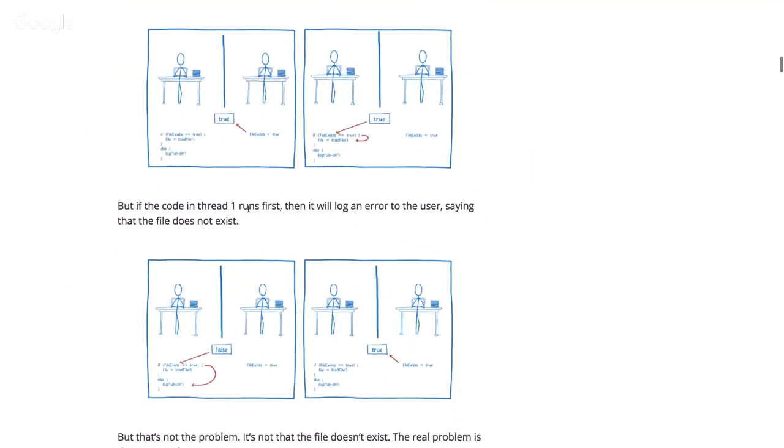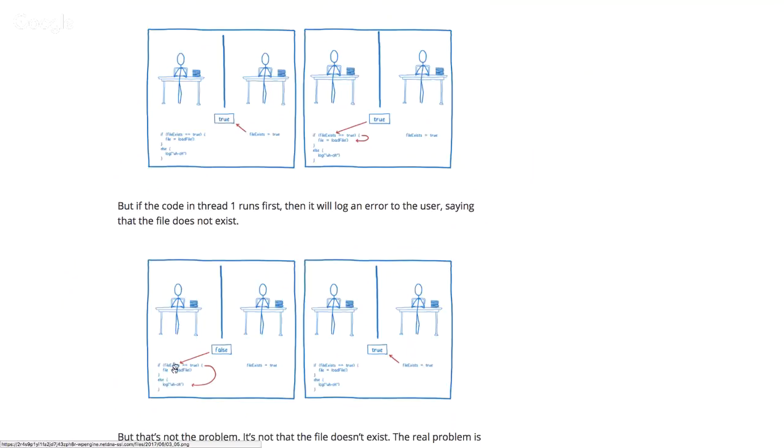But if the code in thread 1 runs first, then it will log an error to the user saying that the file does not exist. Because initially it's set to false, if you see the cartoon here at the bottom left of the screen, there is one thread that's trying to set it to true and the other thread trying to check if it's true and then executing some code.